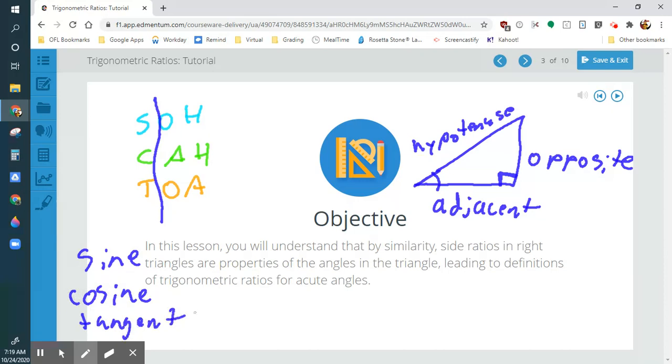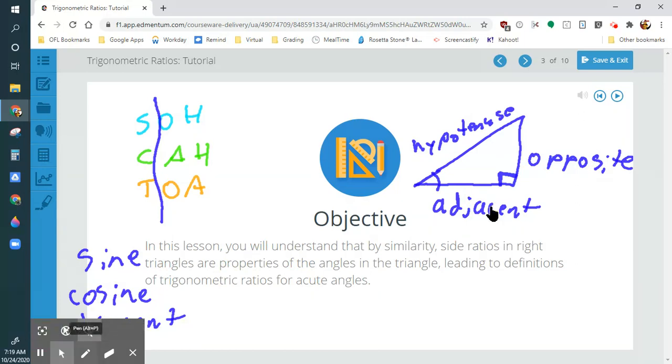I'm just going over it really quickly here, that way we can go through the slides a little faster. Sine is basically your opposite over your hypotenuse. Cosine is essentially your adjacent side over your hypotenuse. And tangent is this idea of opposite over adjacent.